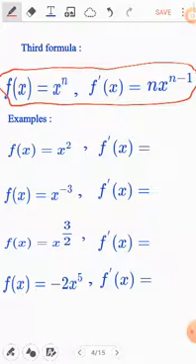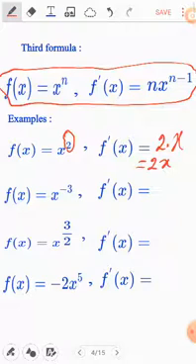Examples: if f of x equals x squared, then the derivative of this function is 2, this is n, times x power n minus 1. n is 2. n minus 1 is 1. So 2 times x power 1. So it is equal to 2x.